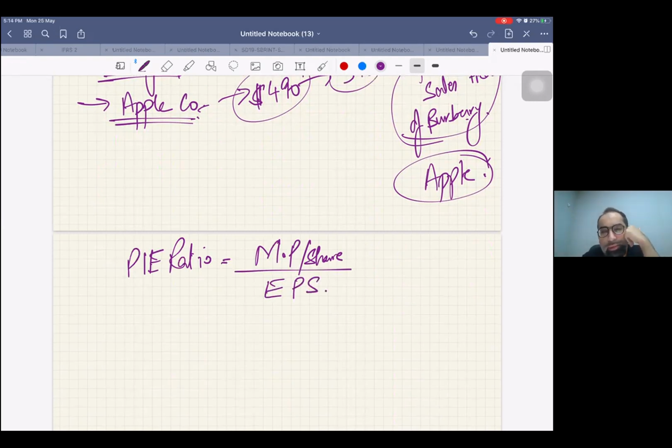Okay. Now, one very basic question. When you are an investor and you are taking an investment decision, which company should you invest in, the company with a high P ratio or the company with a low P ratio? Well, let me tell you the words of Warren Buffett, one of the very famous investors of Wall Street.